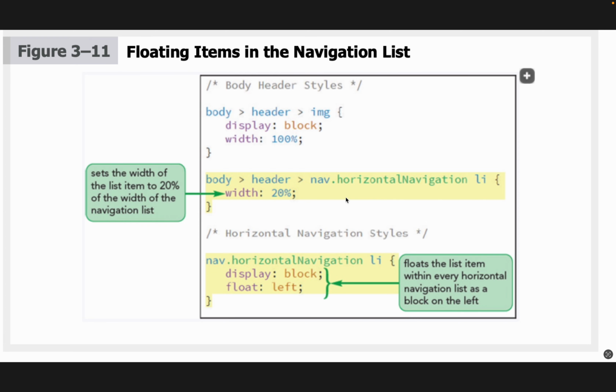Okay, now is float elements in the navigation list. With this, what we are doing is telling the navigation horizontal list to display by blocks, and we want to organize them starting on the left.